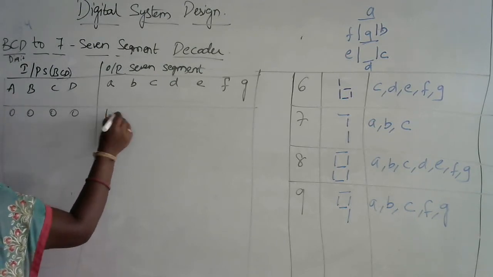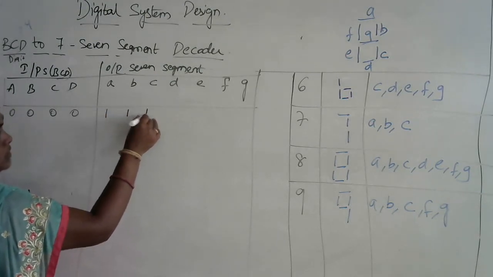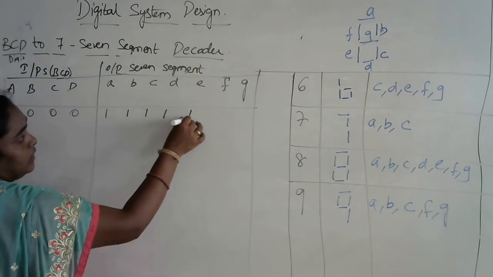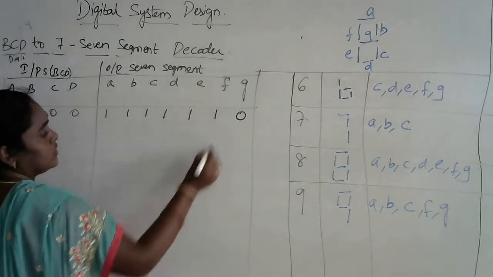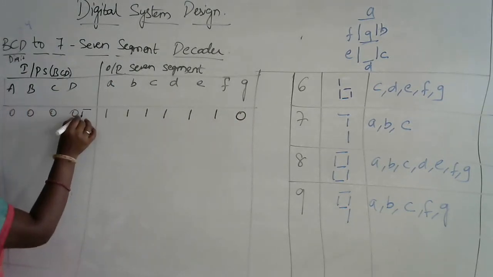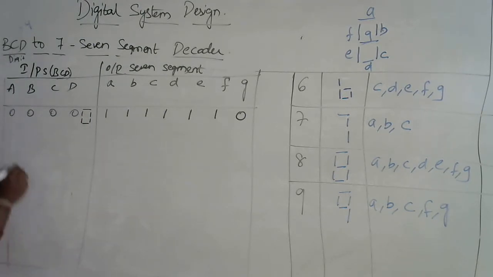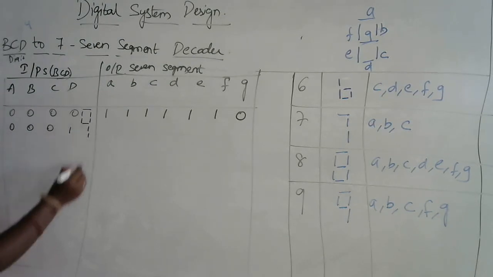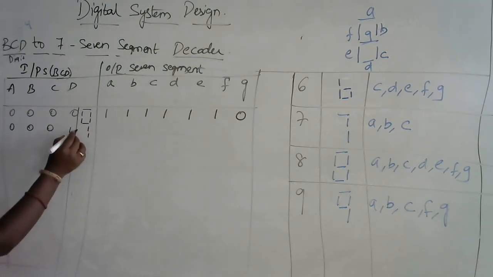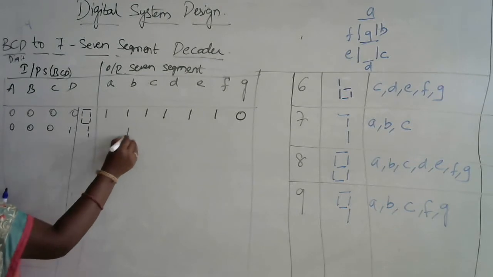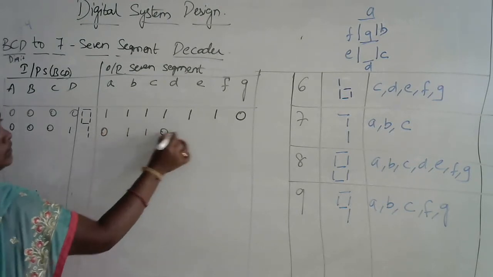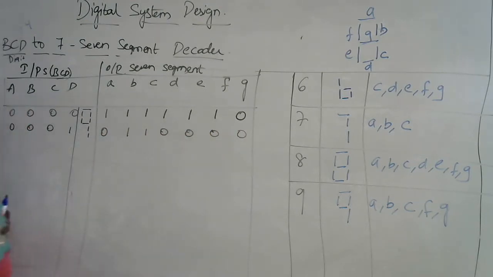So A is 1, B is 1, C is 1, D is 1, E is 1, F is 1, G is 0, because you can represent 0 in this way. Similarly, the next number is 1. This 1 is nothing but B and C, and all the remaining values are zeros.